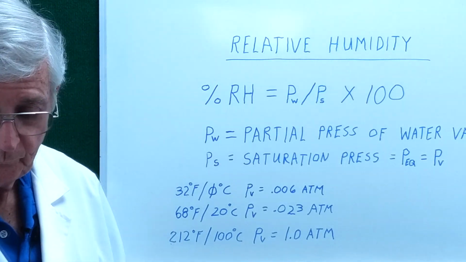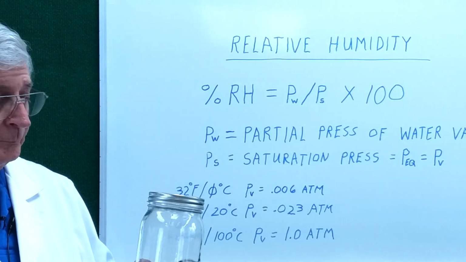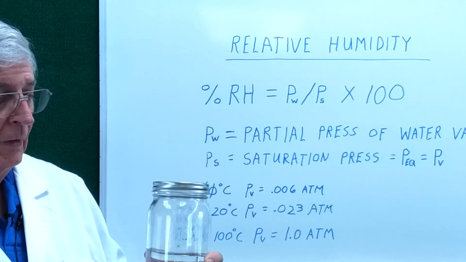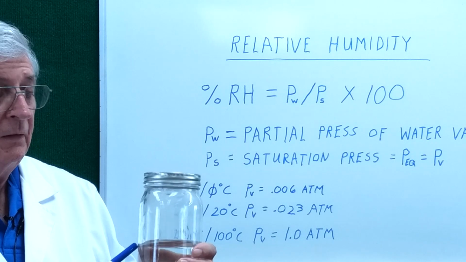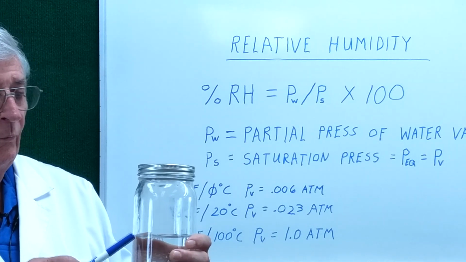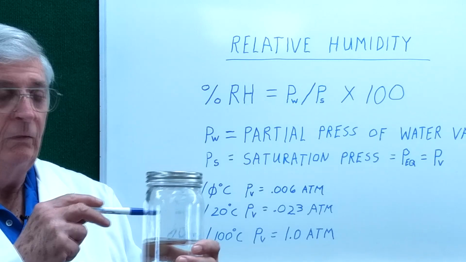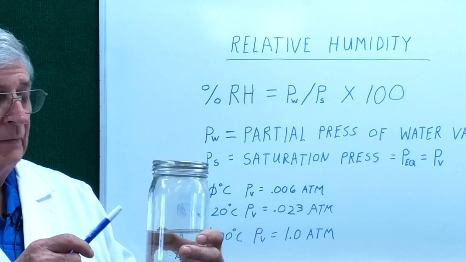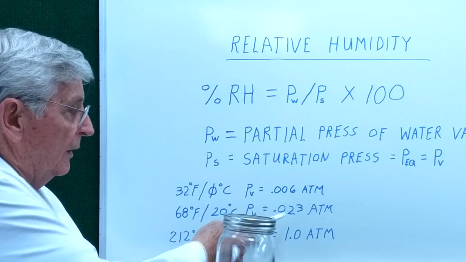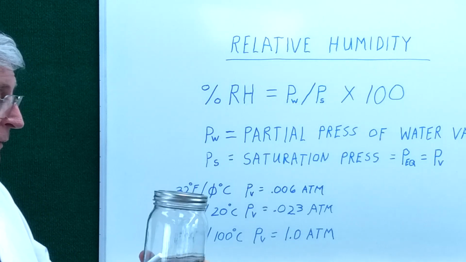Now, here we have a jar with some water in it. So eventually the molecules in the water will be trying to fill the atmosphere in the jar to a pressure that's dependent on the temperature.